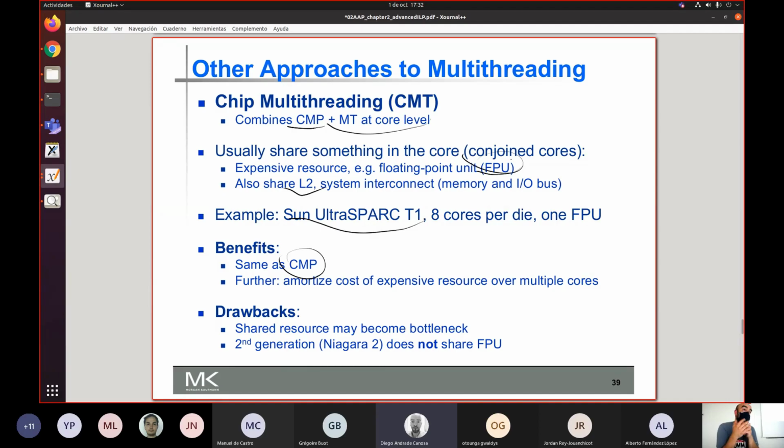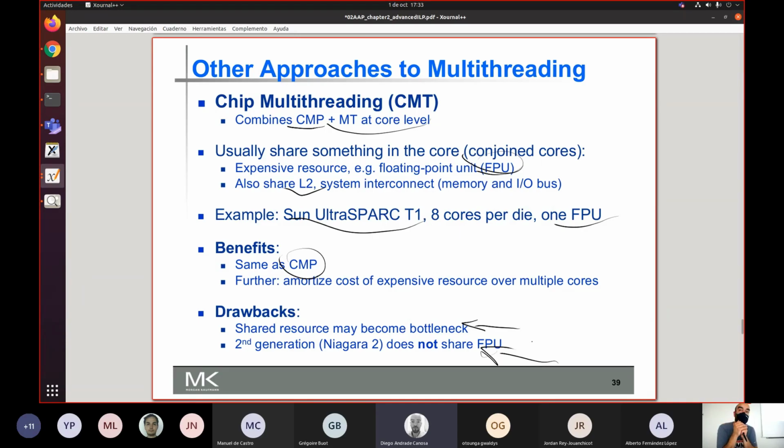The problem is that if you share the floating point unit, there is a risk that this becomes a bottleneck when you enter an area of the code where you use the shared floating point unit many times in a short period. And actually, in the second generation of this architecture, Niagara 2, they don't share the floating point unit. Okay?